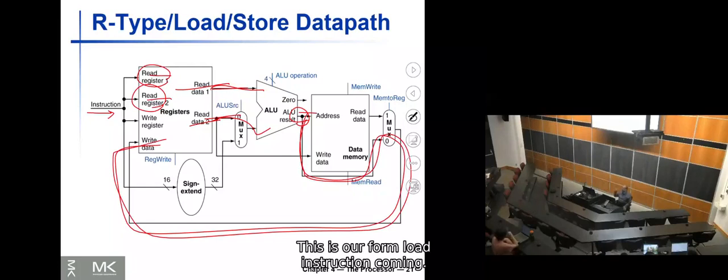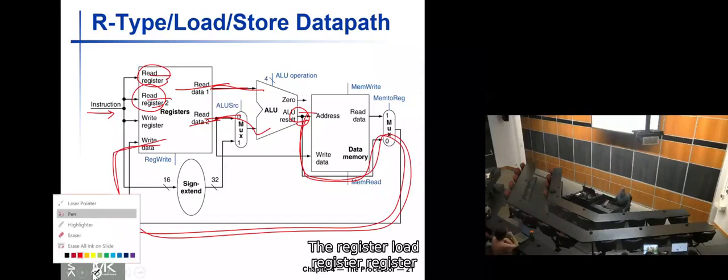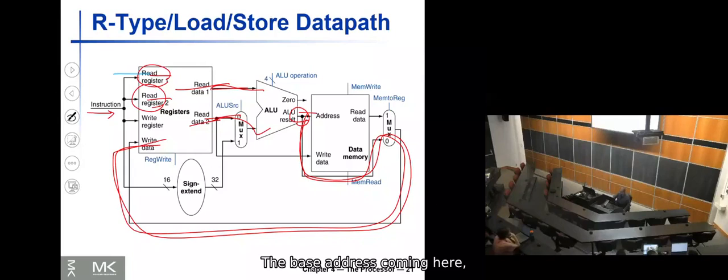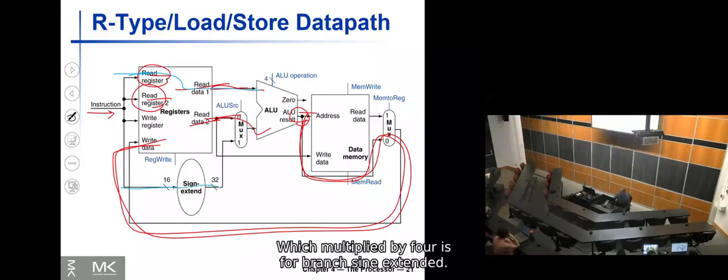This is R format. Now load. The instruction comes, and the read register would be the base address coming here. The immediate value from the instruction comes here, sign extended.